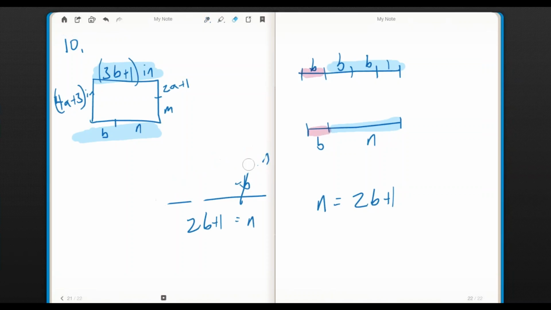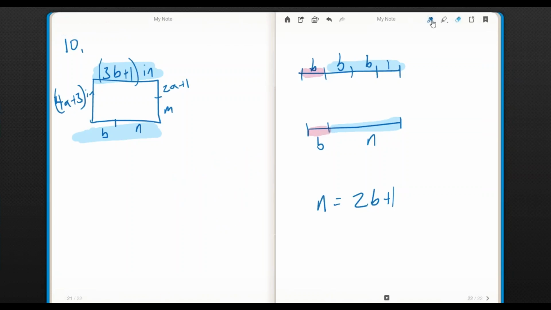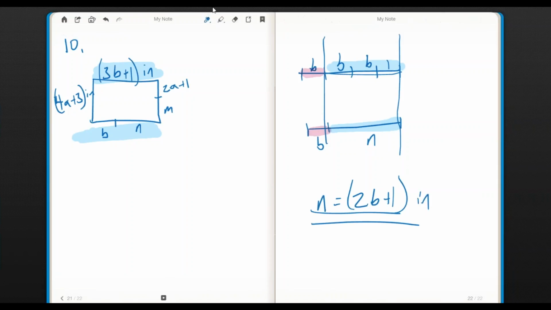We're keeping it very concrete. We're understanding what it means at this level. We want to understand what it means to solve for n and recognize that n is the same part as this part of the graph. It's the same thing as 2b plus 1, and of course I really should say 2b plus 1 inches.